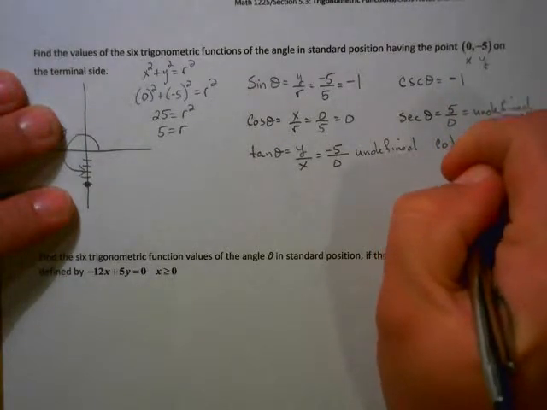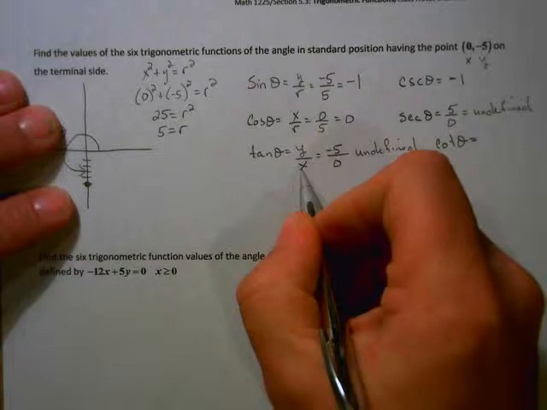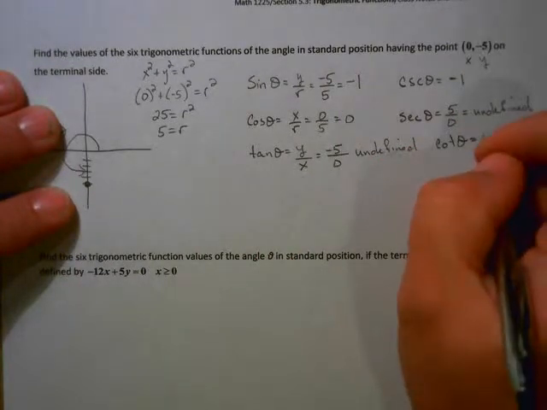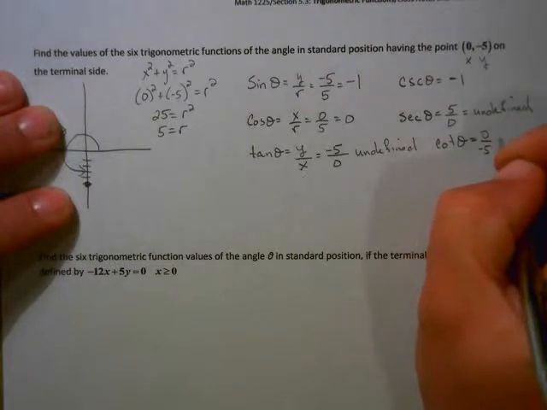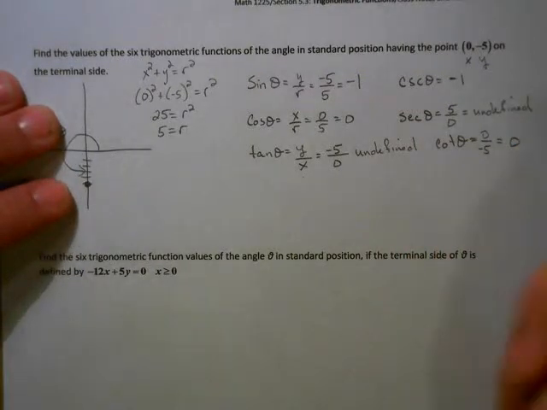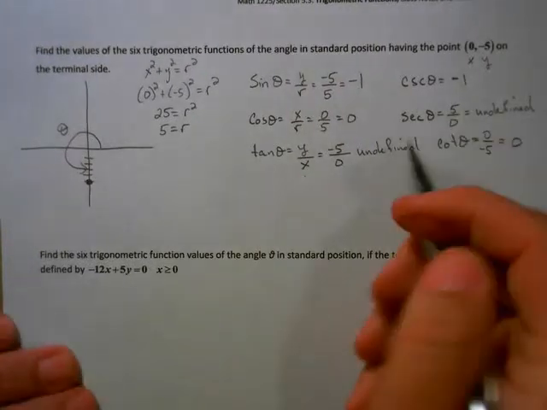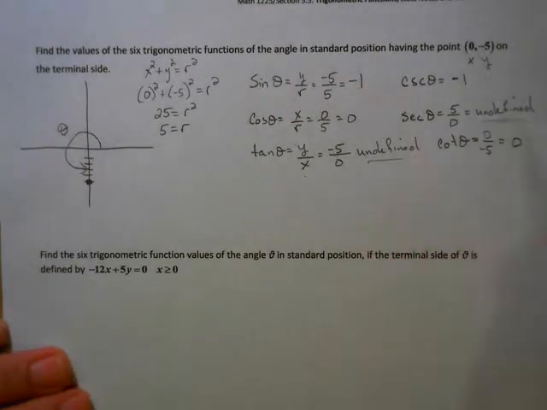And cotan theta is going to be the reciprocal of tangent, which is x over y, which is 0 divided by -5, which is 0. So we have a couple that are undefined because of those 0 divisors.